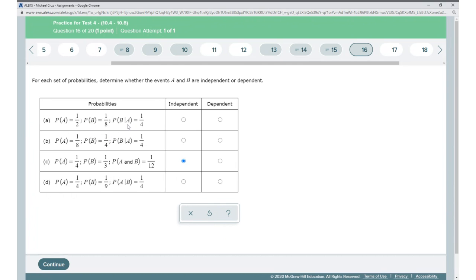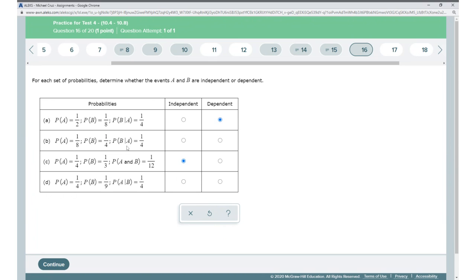So this right here, probability of B given A, should be equal to the probability of B, whichever one comes first. Okay? And so those are not equal. So these are dependent.